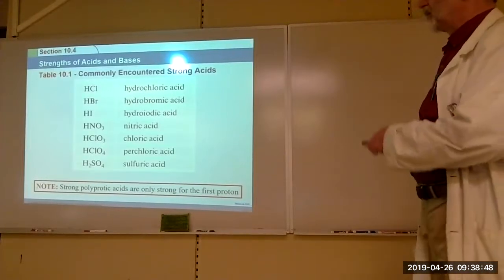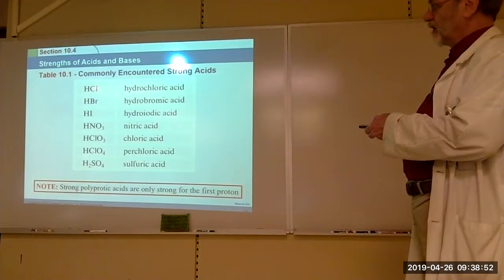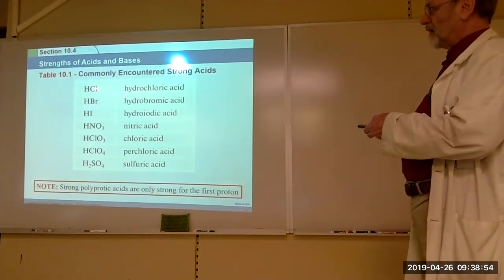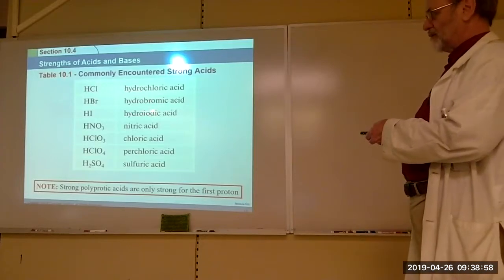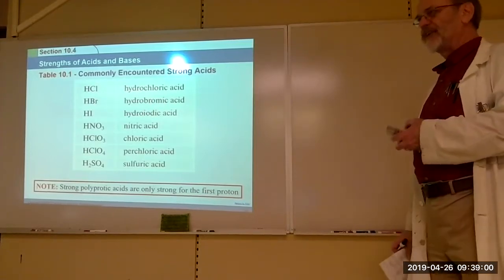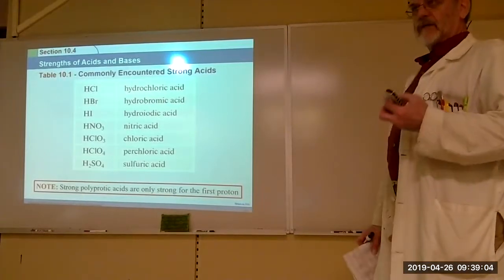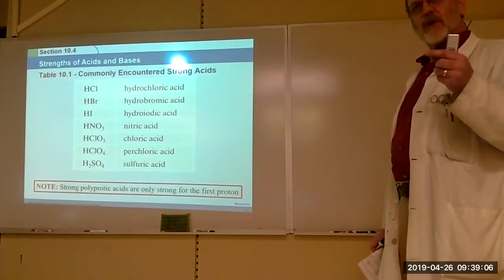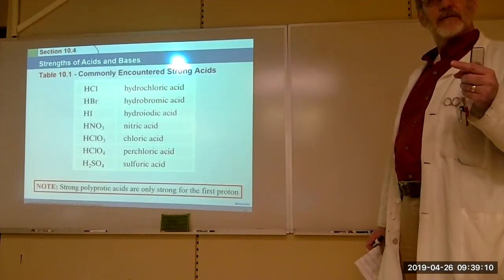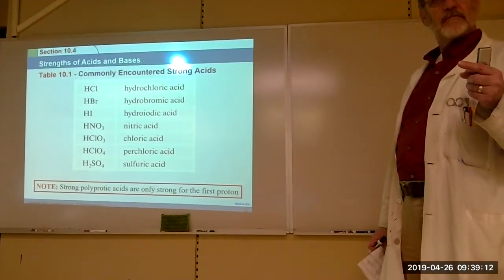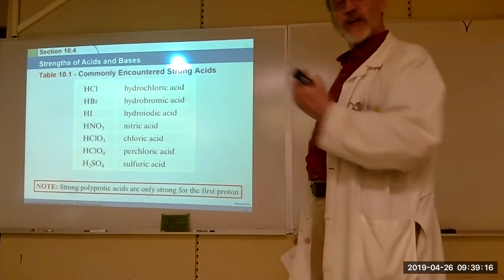Here are examples. All of the, well, not HF, but the halogens chlorine, bromine, iodine, those are all strong acids. HF takes a little explaining. We did talk about electronegativity, didn't we? The tendency for an element to draw electrons to itself.